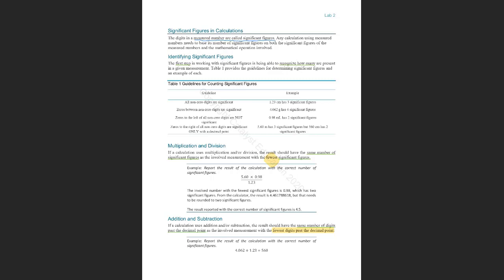If somebody tells me 3.2058 grams, I have 1, 2, 3, 4, 5 sig figs. And another person weighs the same thing and tells me 3.2 grams.